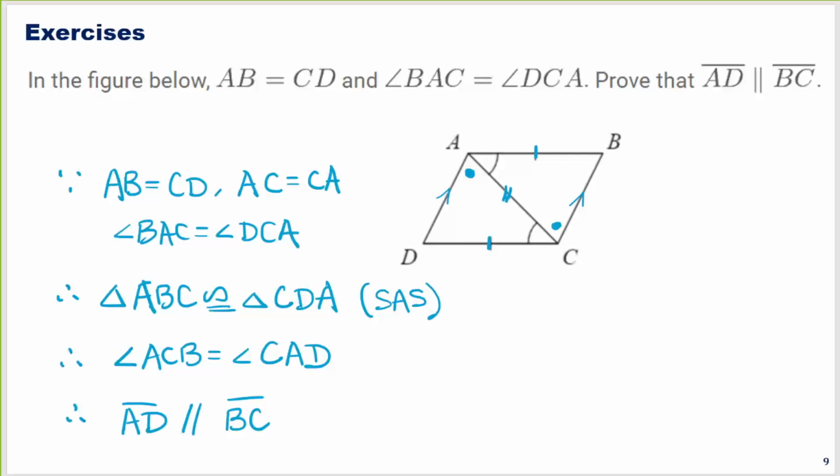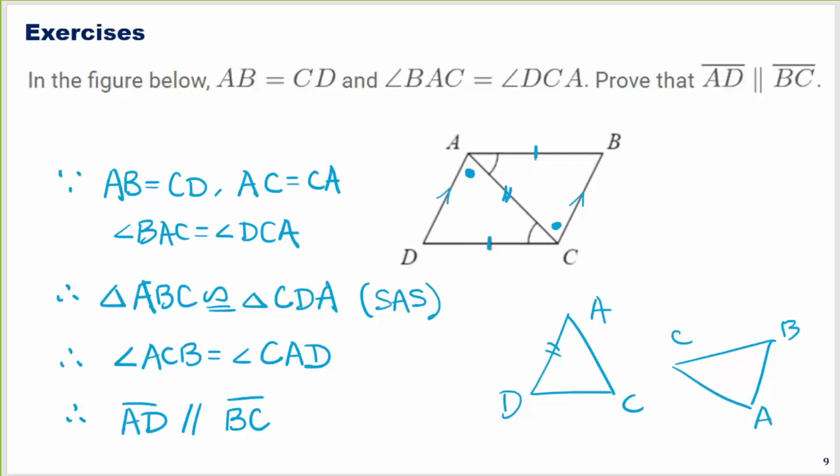I'll give an example. For example, this is triangle ADC. This is your AD, right? And for example, this is your triangle CBA.